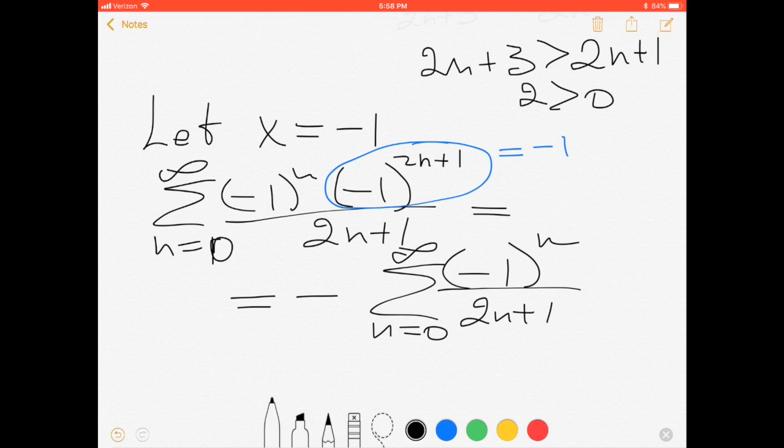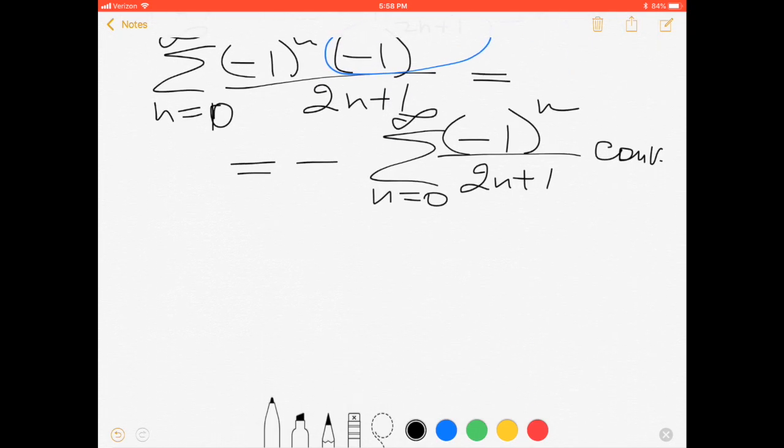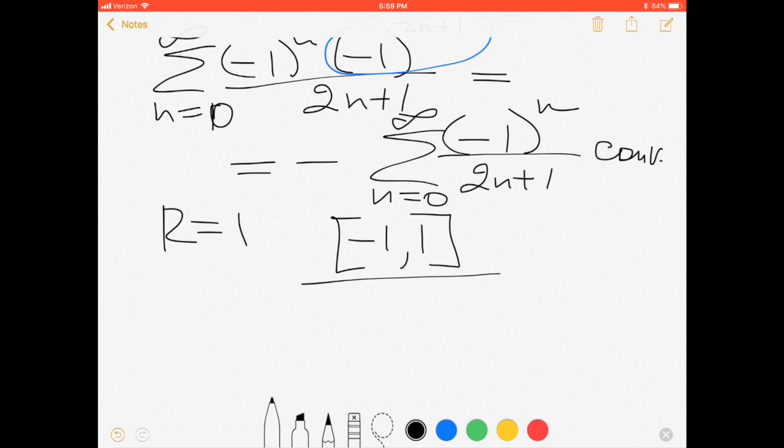But this is the alternating series we studied right now, and we know it converges. Finally, what do we have? The radius of convergence equals 1, the interval of convergence is -1 to 1, with both endpoints included.